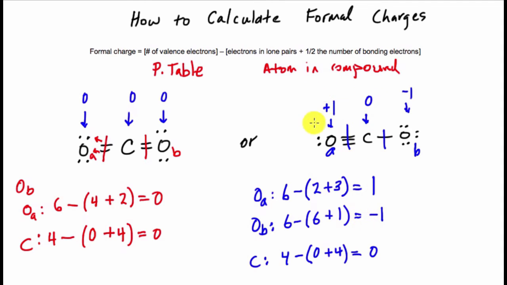So what does this mean? What do these charges that I'm putting in here mean? Well, when the oxygen atom goes from its elemental state, the way we find it on the periodic table, it has 6 valence electrons. So when it bonds, these electrons bond with the carbon. And that's what makes sense when we write carbon dioxide in this fashion.